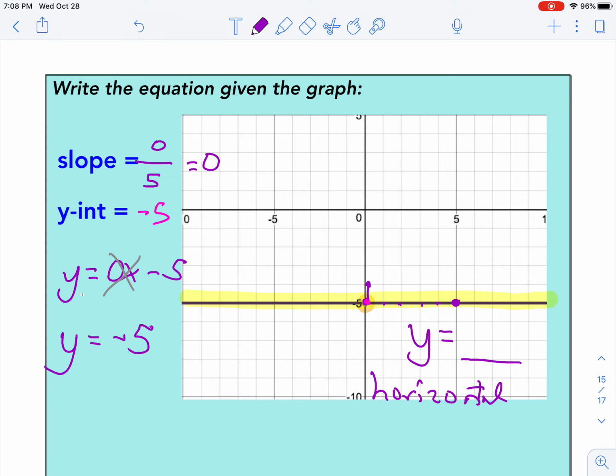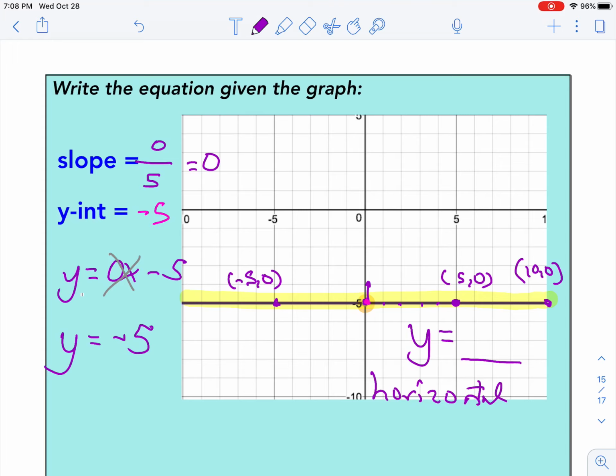And if you think about the ordered pairs on this line, this ordered pair right here is negative 5, 0. This ordered pair right over here is positive 5, 0. This ordered pair over here is 10, 0.